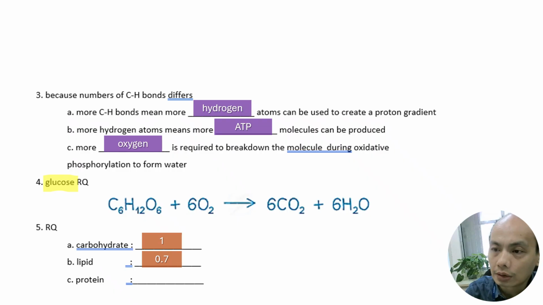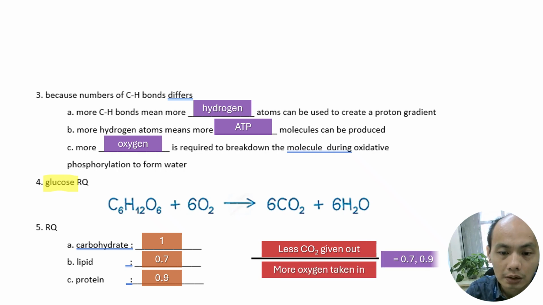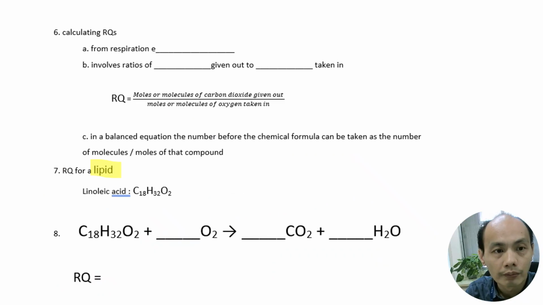The oxygen used will be more than the carbon dioxide produced. So as protein. So lipid and protein less than 1 means less carbon dioxide given out compared to oxygen. So more oxygen will be taken in, resulting in 0.7, 0.9, less than 1.